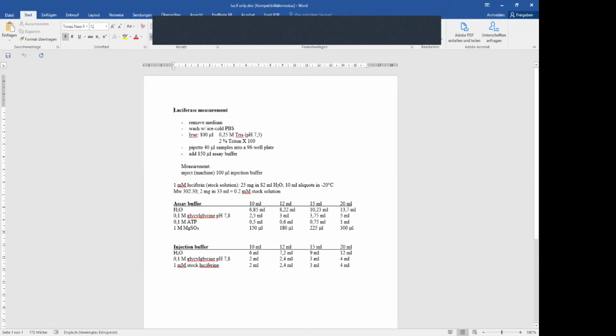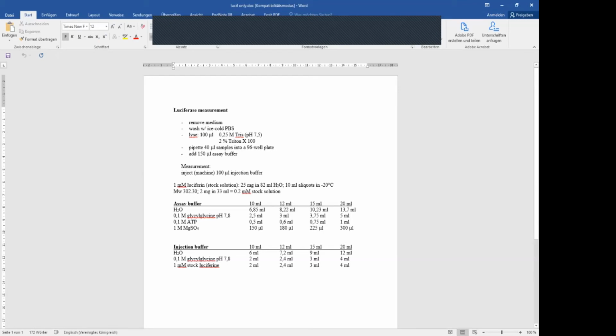Because this reaction is temperature and time dependent, it's necessary to do all measurements under identical conditions, and for that reason we don't add the substrate at the very beginning to all samples at once, because that would give a big difference between the first and last sample.